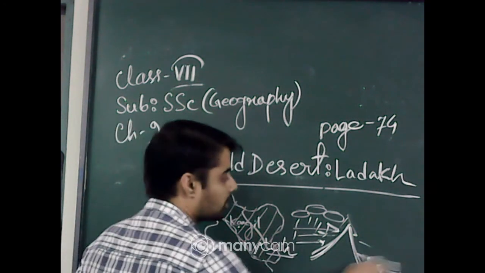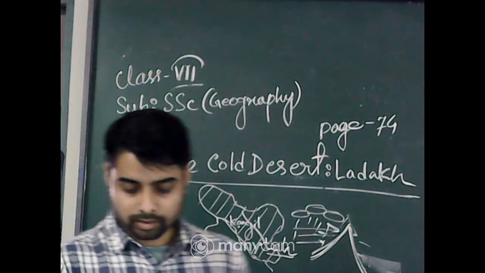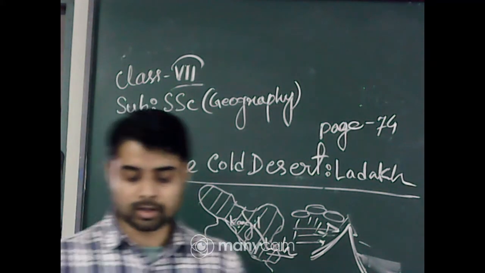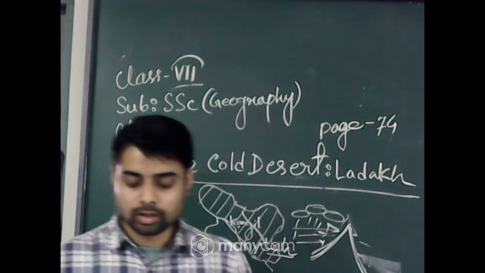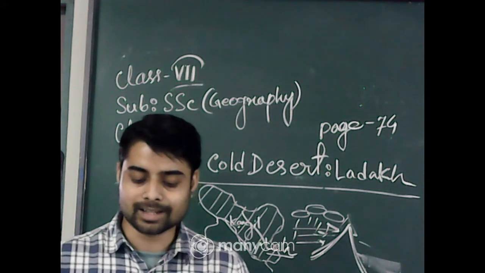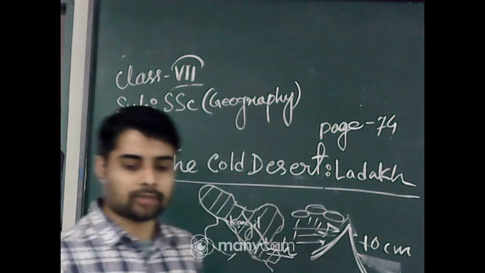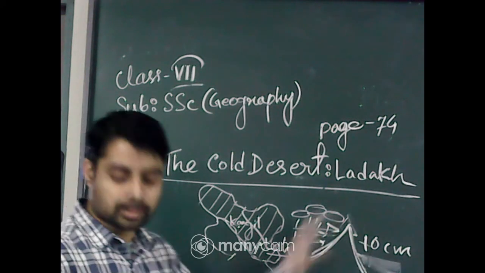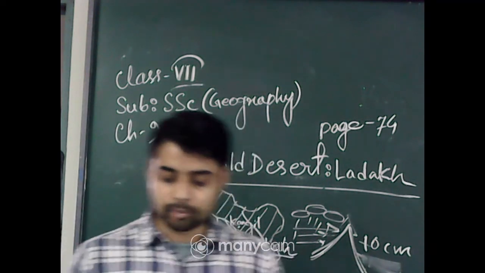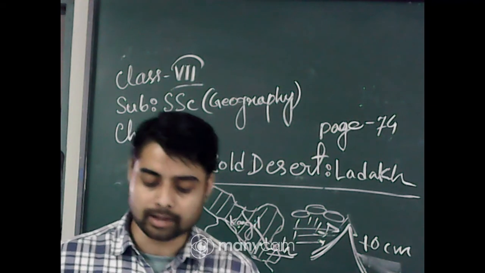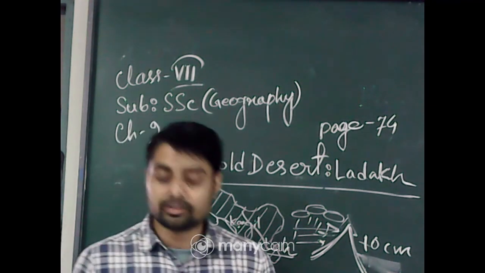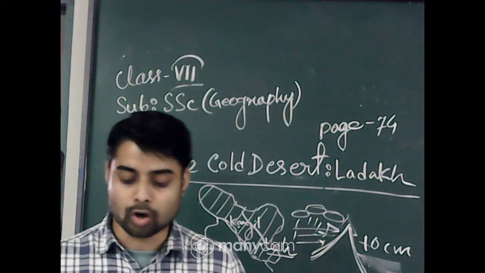This region is called the rain shadow of the Himalayas. So there is little rainfall, as low as 10 centimeters every year, and the area experiences freezing winds and burning hot sunlight.